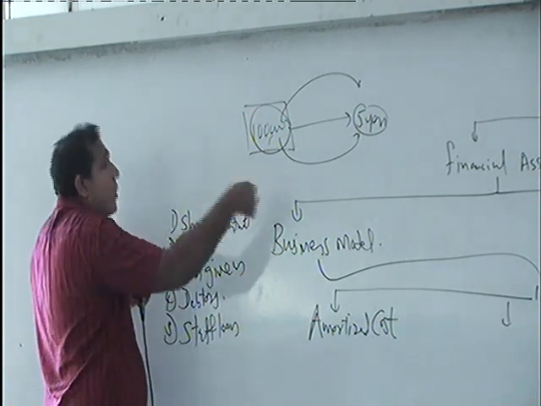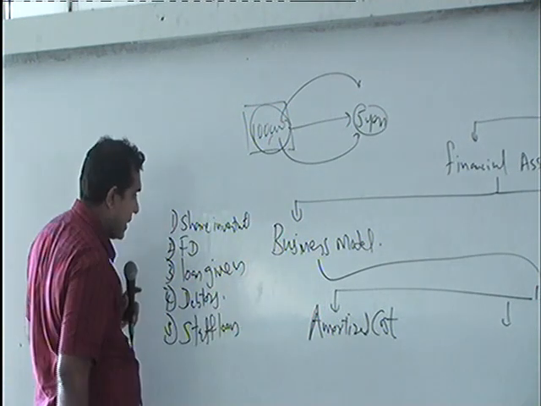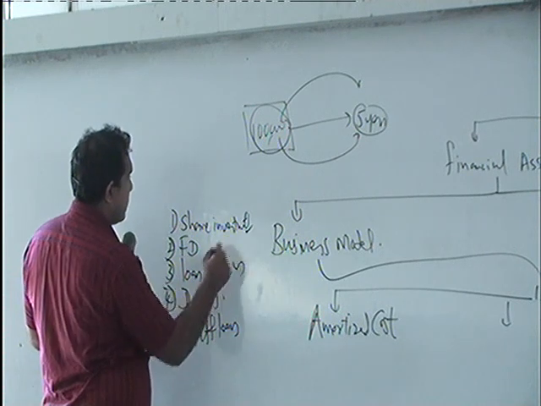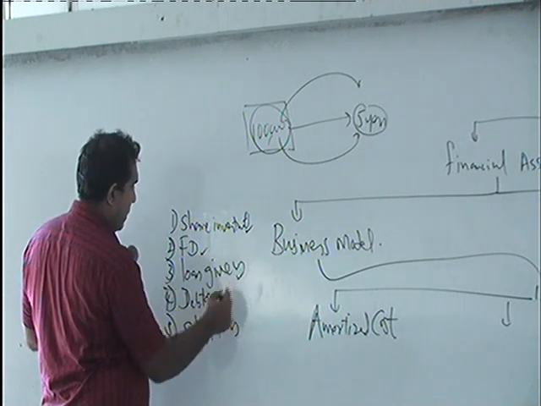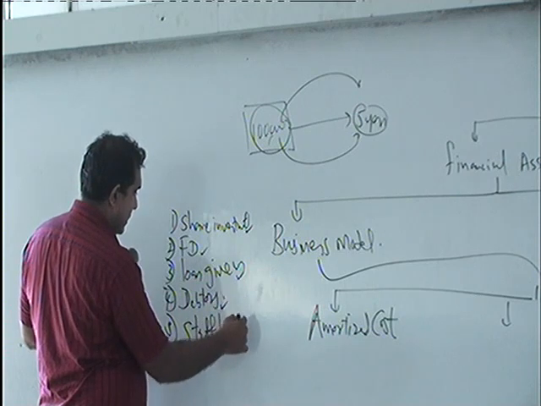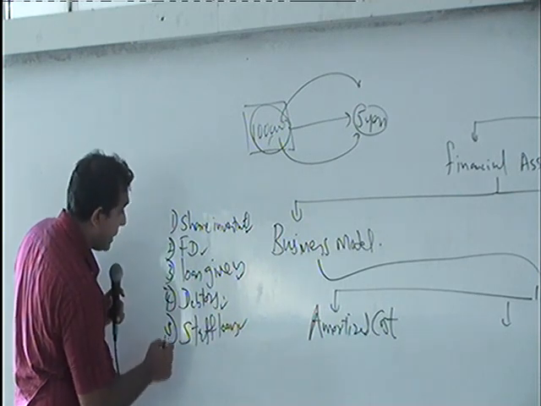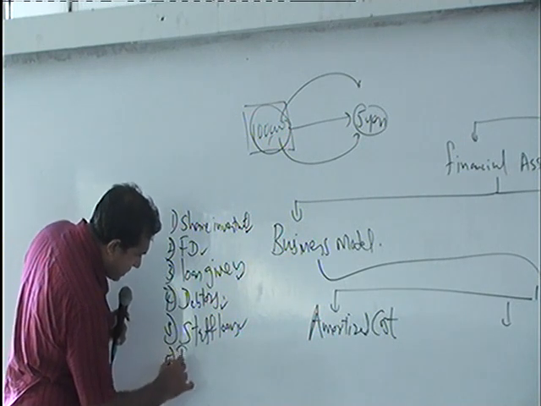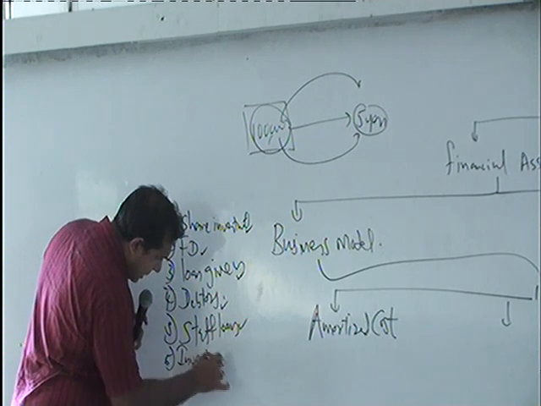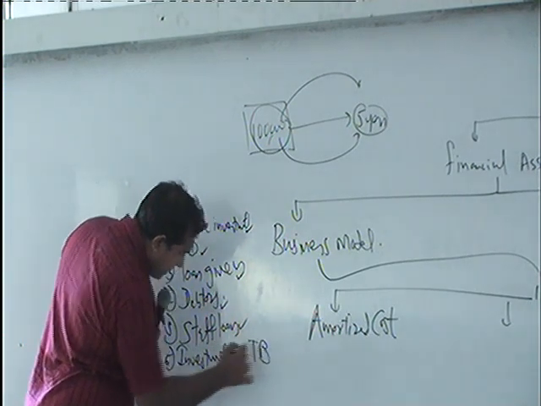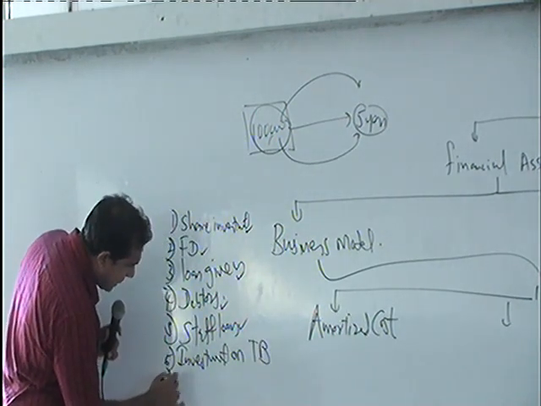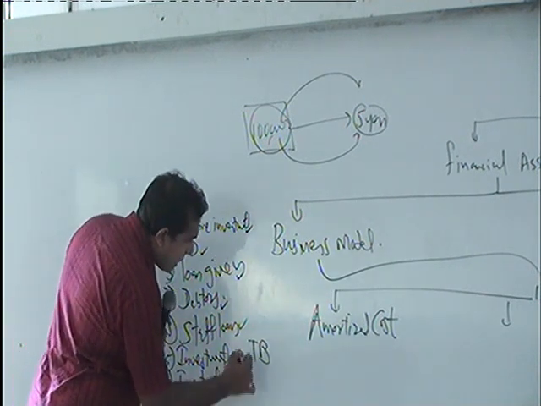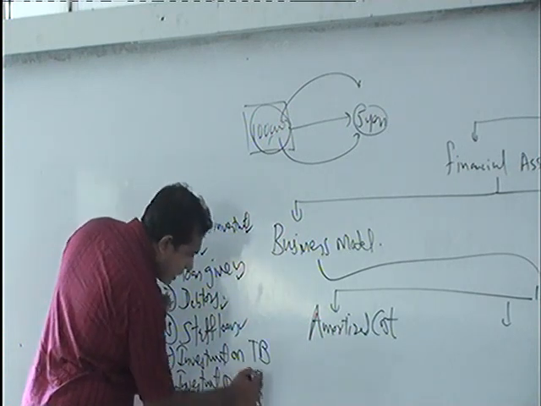The entity has provided a loan to staff, so it is a receivable. Sixth one, investment in treasury bills. Seventh one, investment in treasury bonds.